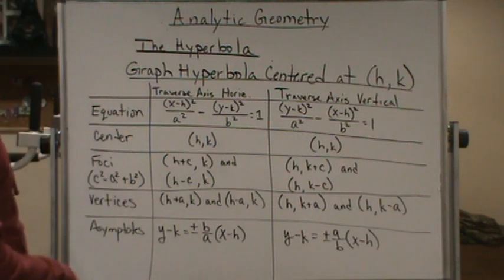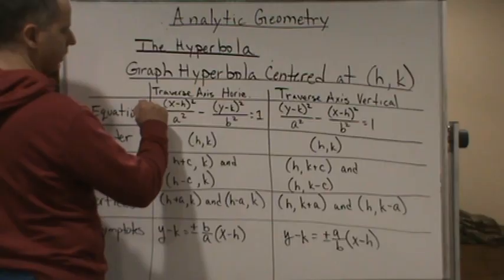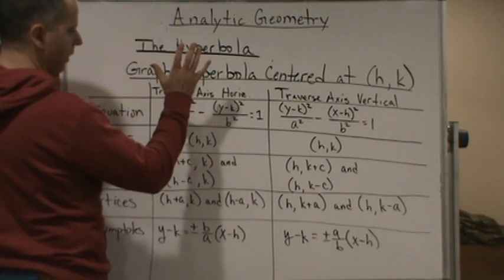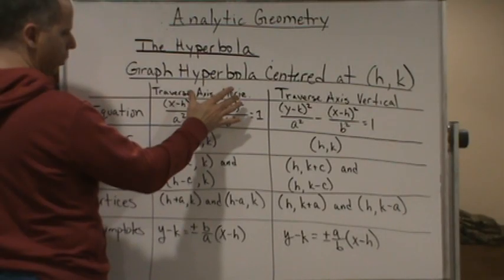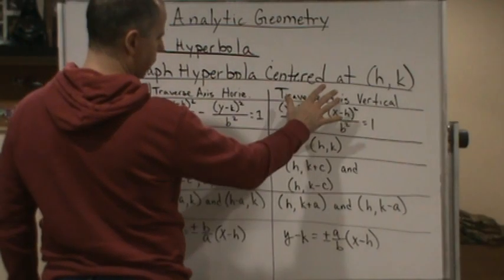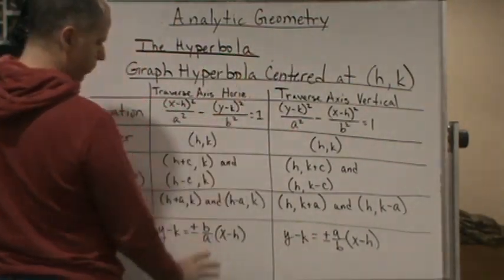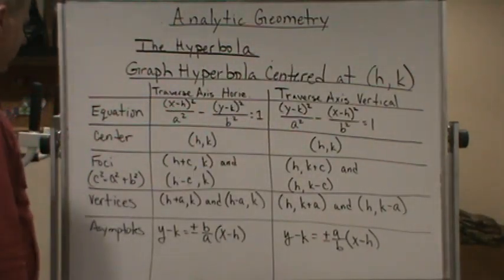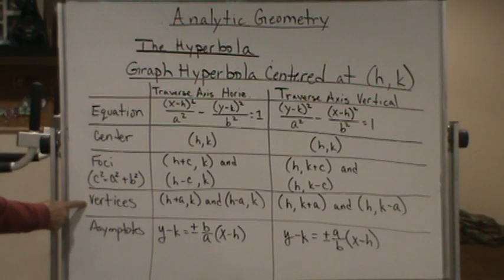Okay, so whether the hyperbola is traversing the axis of symmetry horizontally, or whether it's traversing the axis of symmetry vertically, will give us both of these columns. So here are the equations: the center, the foci, vertices, and the equations for the asymptotes.